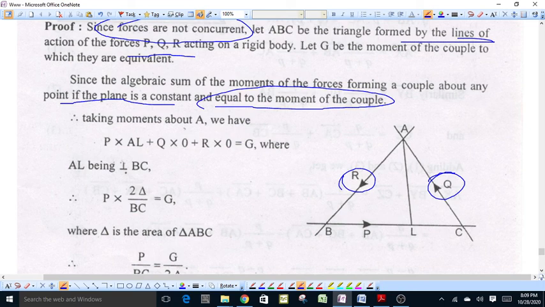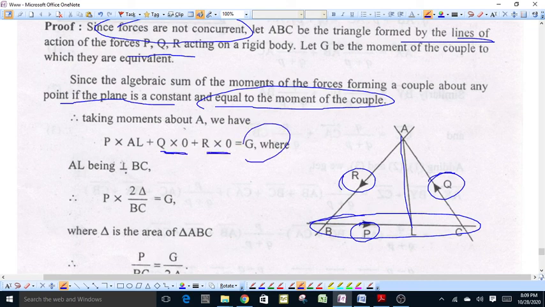Now we are only left with force P, whose line of action does not pass through A, and the moment of this force will be equal to the magnitude of force P into the perpendicular distance AL, and the moments of the other two forces will be equal to 0. Therefore P into AL is equal to G. Now the area of triangle ABC will be equal to half into BC into AL.